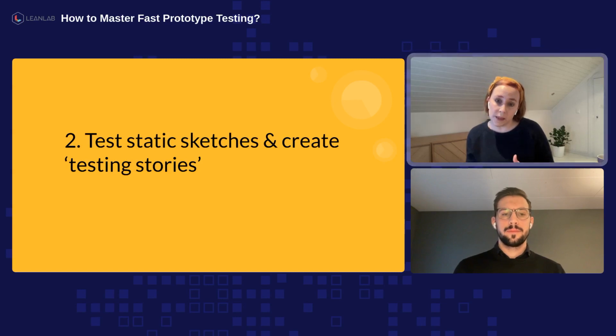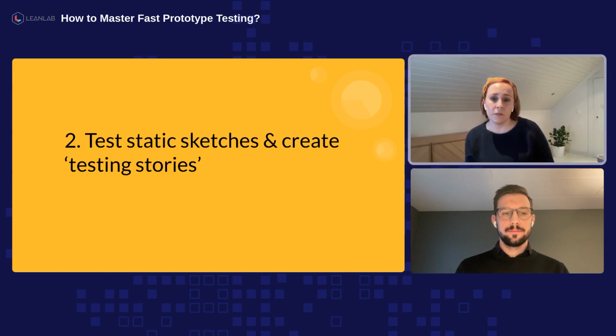It helps you add speed because the prototype doesn't have to be developed so far, and gives you flexibility in making adjustments and improvements and making sure it's meeting the user's expectations.